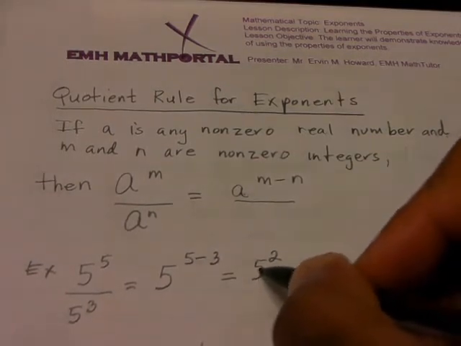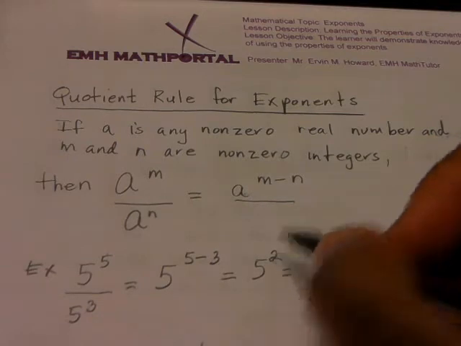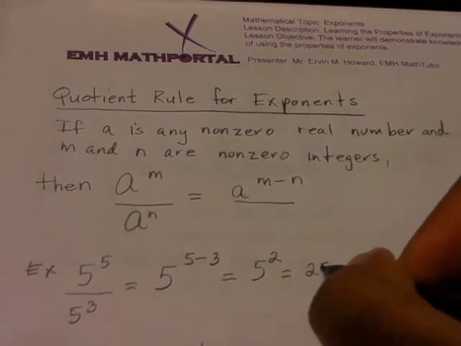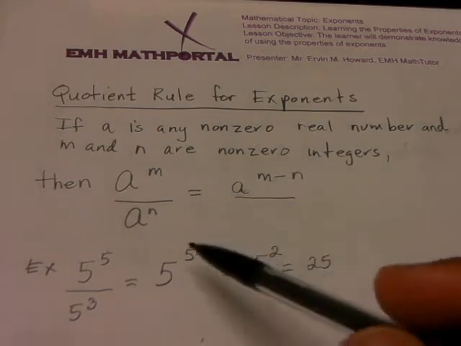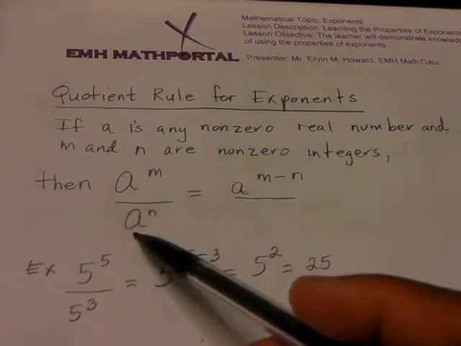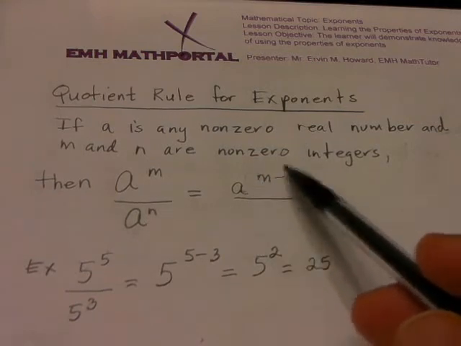Then if we simplify 5 squared, that will equal 25. I hope everyone understands that. It's very simple: when you have a quotient between bases, you subtract the exponents.